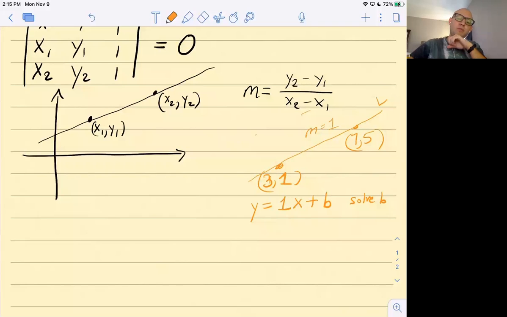Emily, it's 1 because I did 5 minus 1 rise over run. So it comes out to 4/4. Even though graphically my picture is not drawn to scale, this vertical piece is 4 and the horizontal piece is also 4.